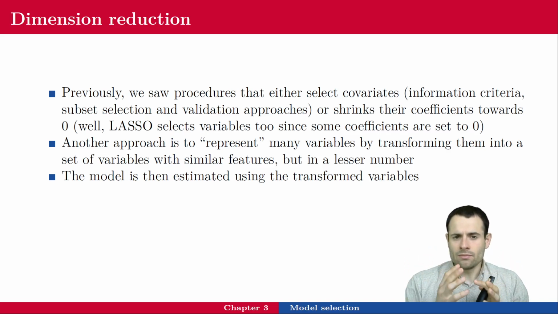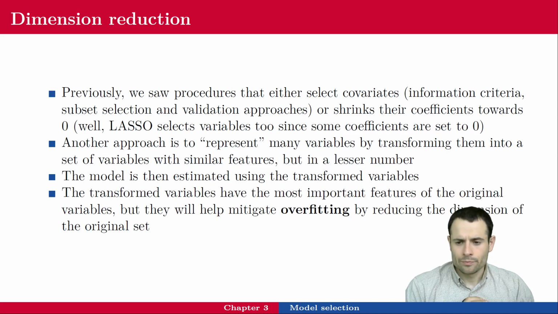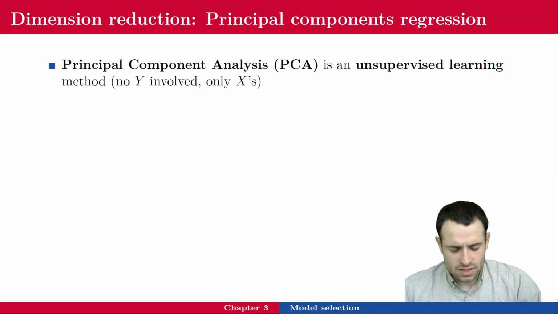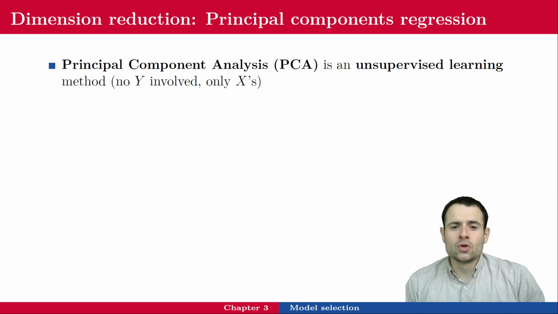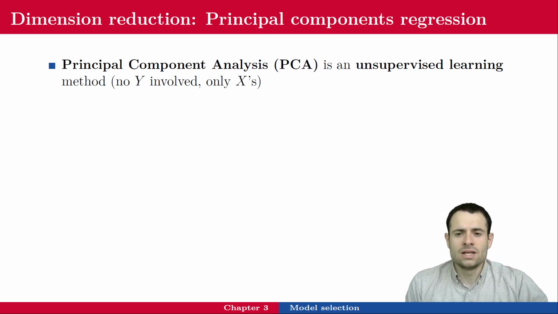But because there are less of them, I will not get into overfitting. I will talk about two of these methods in particular, the principal components regression and partial least squares regression. So let's start with principal components regression.